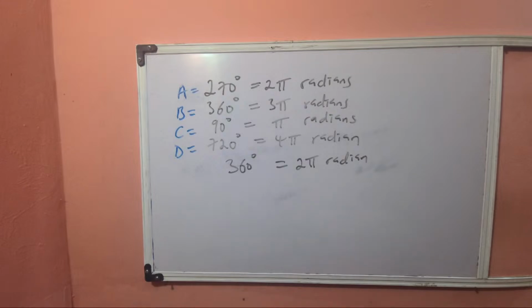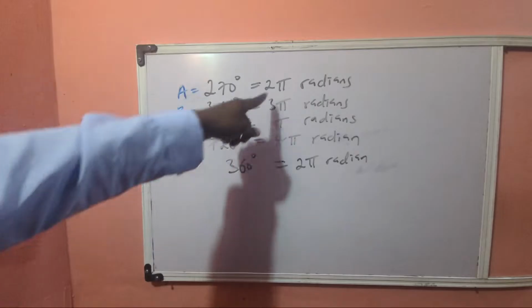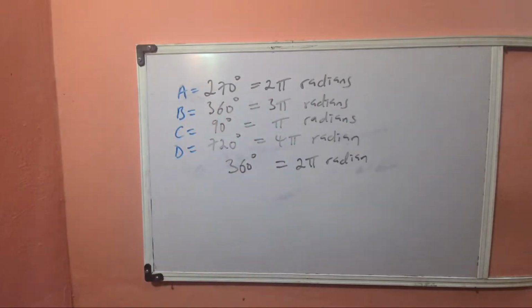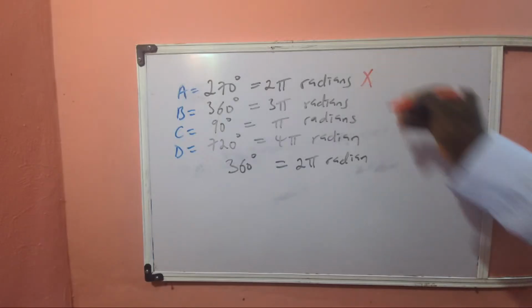That means for a circle, we say a circle is made up of 360 degree. If we're going to discuss that in terms of radian, we would say a circle is made up of 2 pi radian. All right. So in option A, this is 2 pi radian being 270. I'm very sure this is going to be very, very wrong because 2 pi radian is actually 360 degree.